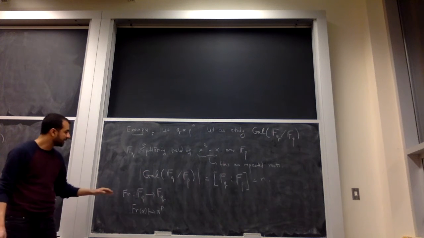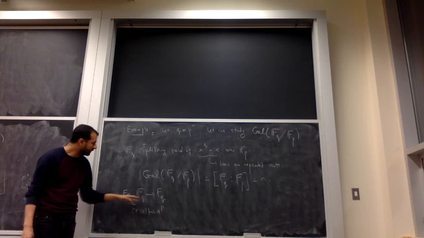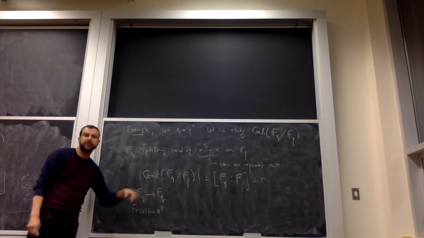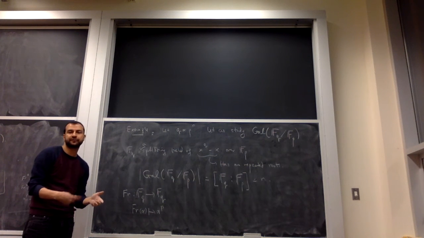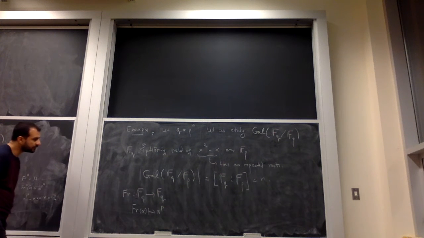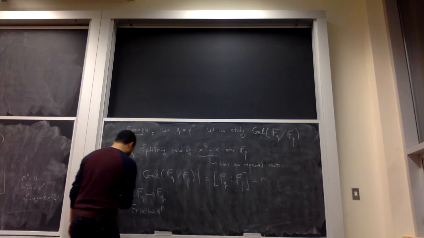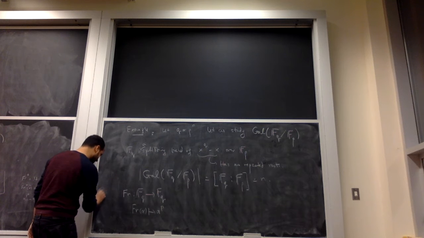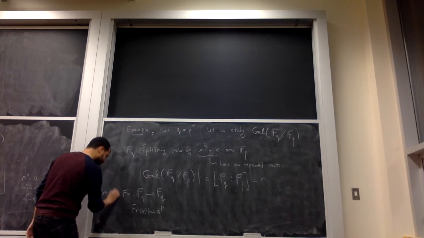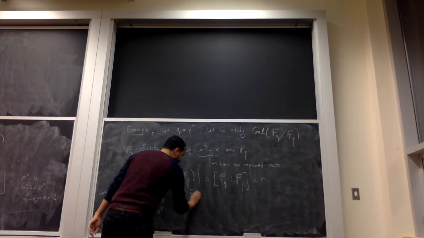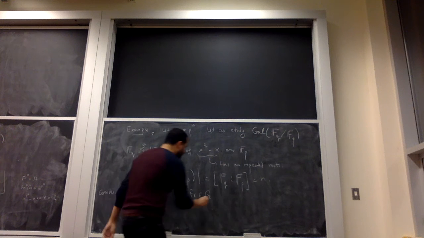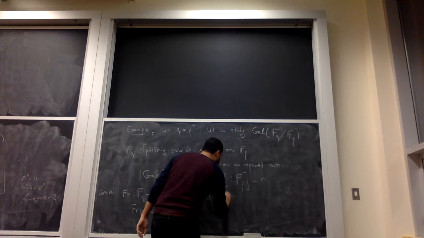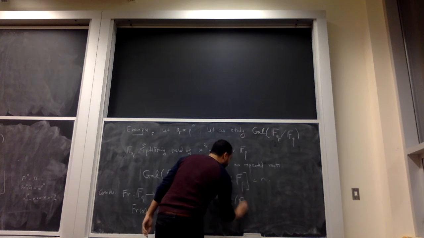So this is going to be an isomorphism of F_Q, and any ring map from F_Q to F_Q is going to fix F_p. It's an automorphism of F_Q and fixes F_p, so it's an element of the Galois group of F_Q over F_p.